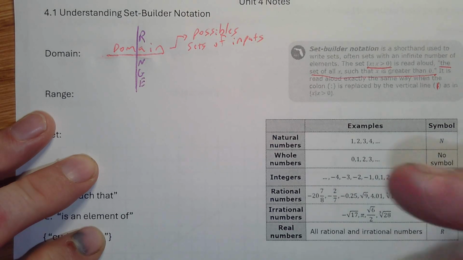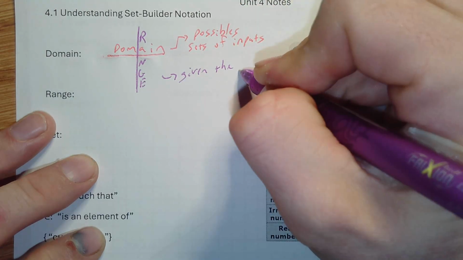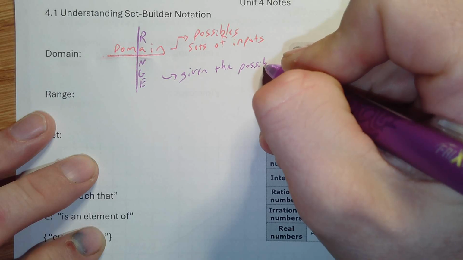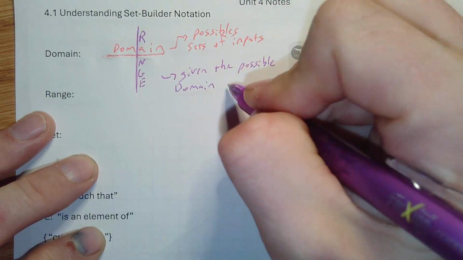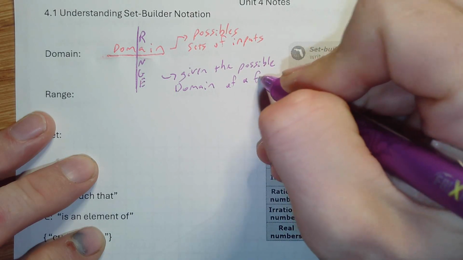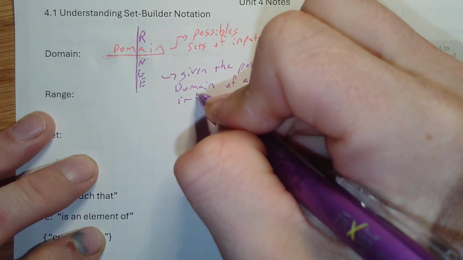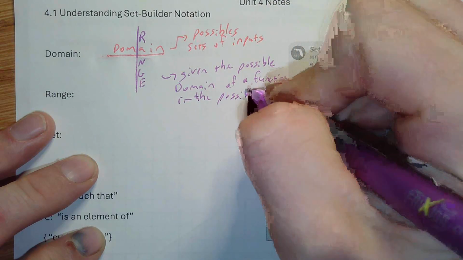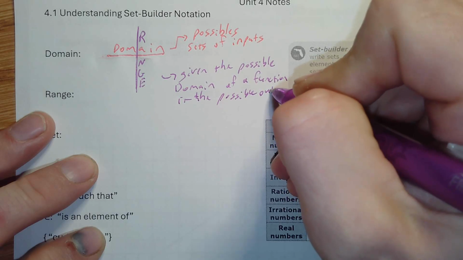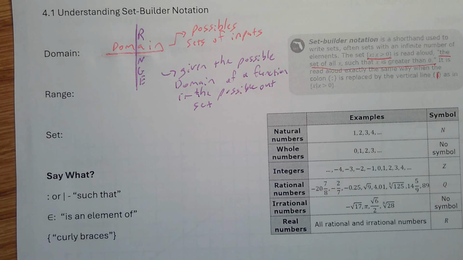And then the range, given those input sets, given the possible domain of a function, is the possible output sets. So that leads one to think, well, what is a set?